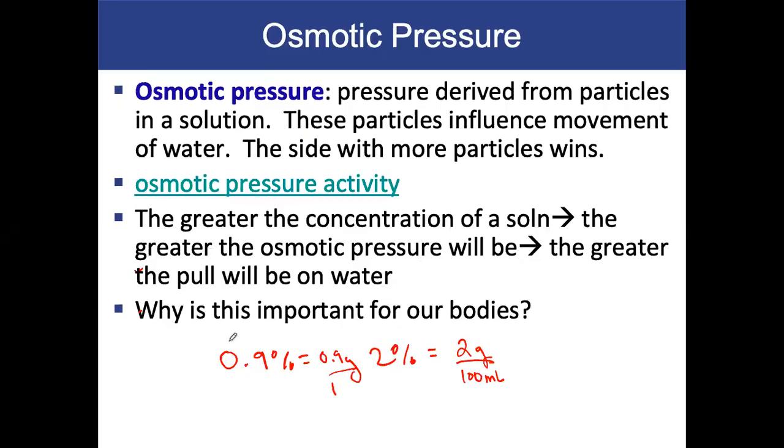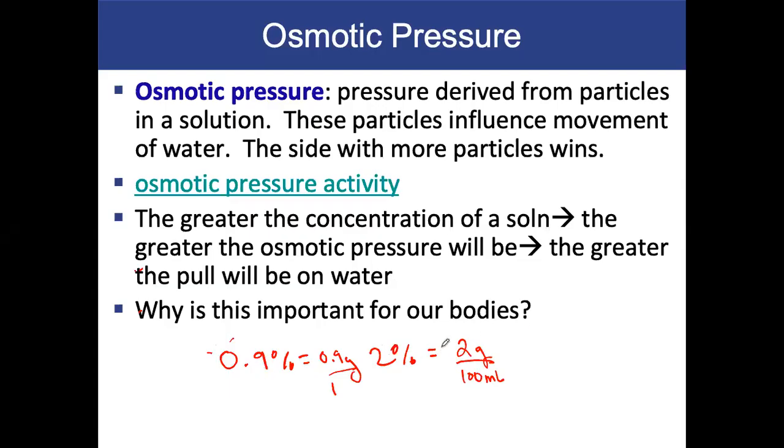So let's say we have a 0.9% solution and a 2% solution. Which one has the greater osmotic pressure? To answer this, 2% is a higher number, so that's going to have a higher osmotic pressure than the 0.9%.